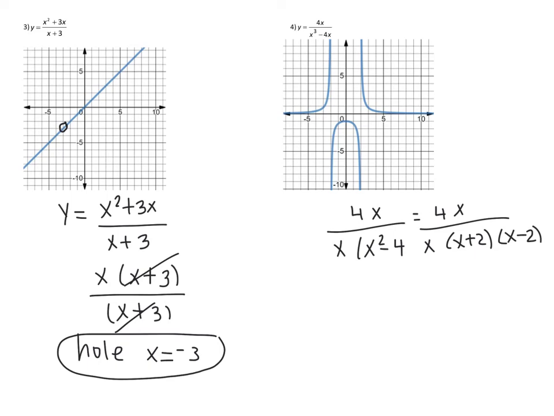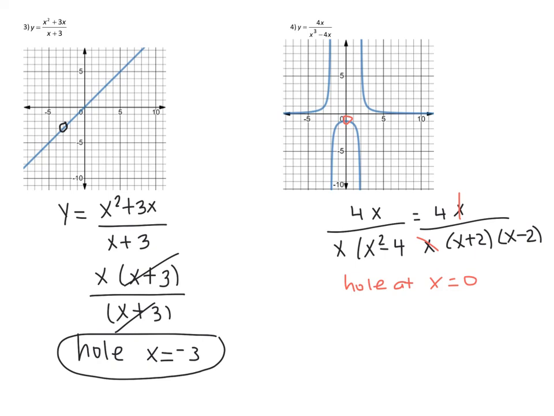See, this one cancels out, so that means there is a hole at x equals 0. So there is a hole at that point.